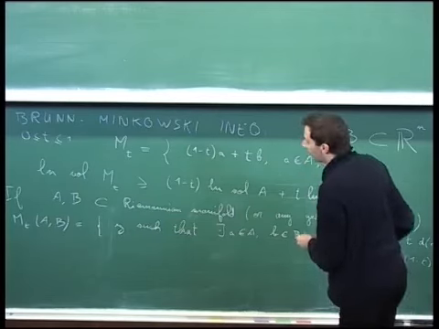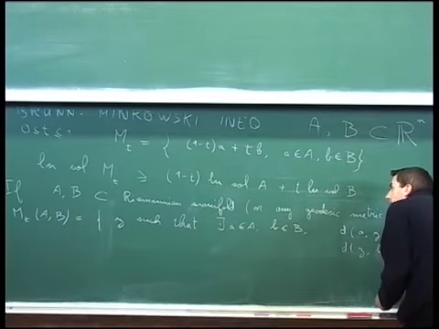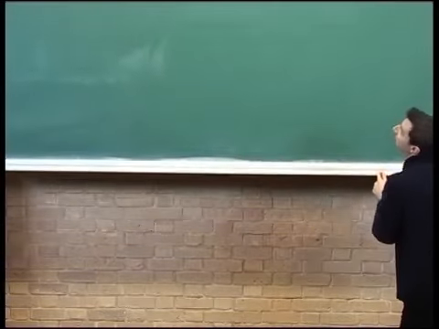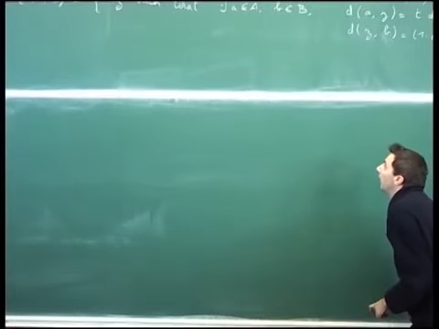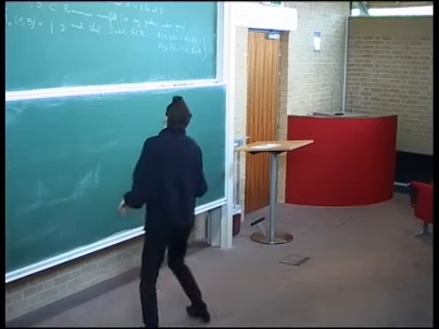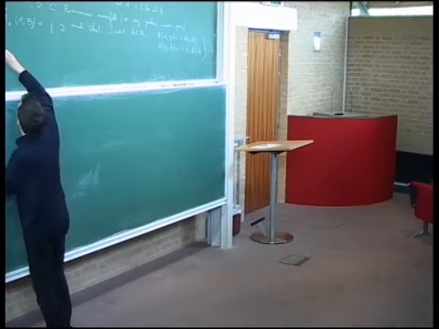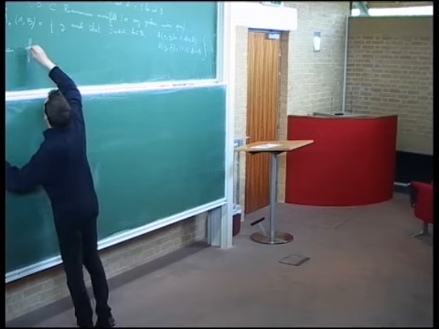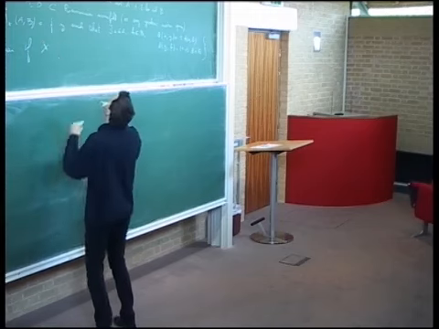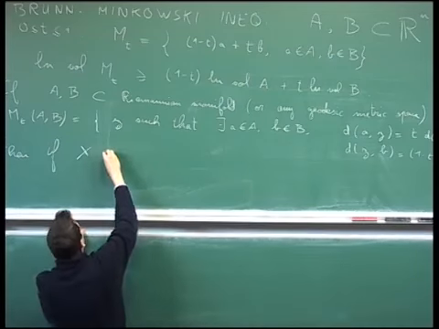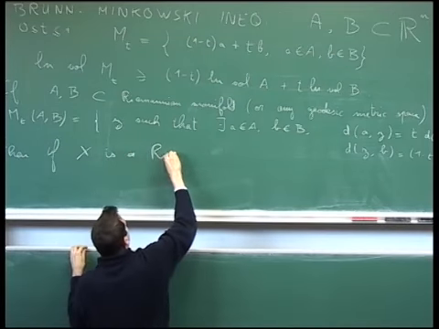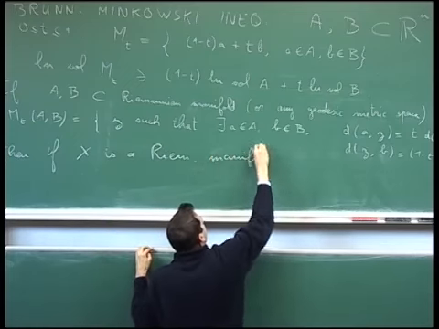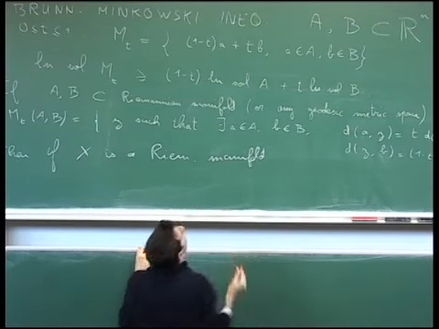And this way you can generalize, or you can try to generalize, the Brunn-Minkowski inequality to metric spaces. So if X is a Riemannian manifold, we know what the result is.